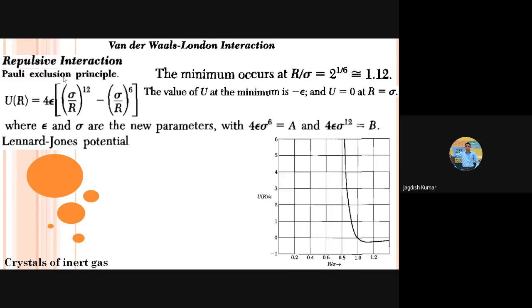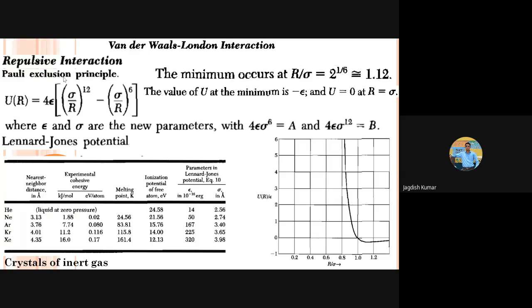Now, if we try to see these numbers for various noble gas atoms, epsilon is something like, in ergs, 10 to the minus 16 ergs. They have followed some erg unit. So this is 14. Let us pay attention to the numbers. This is 14. This is 50. 167.